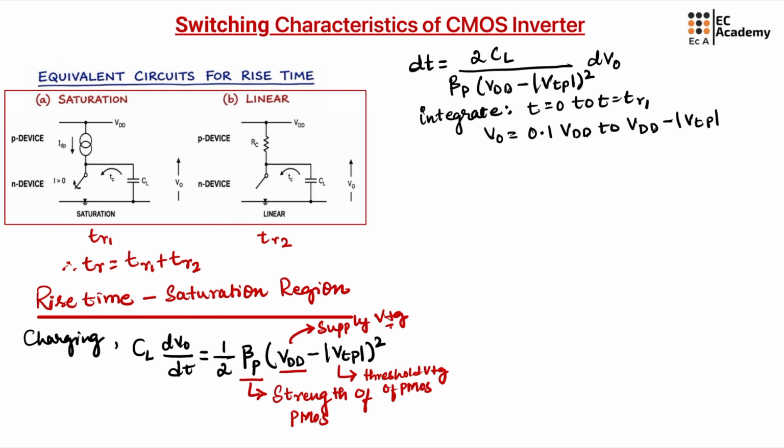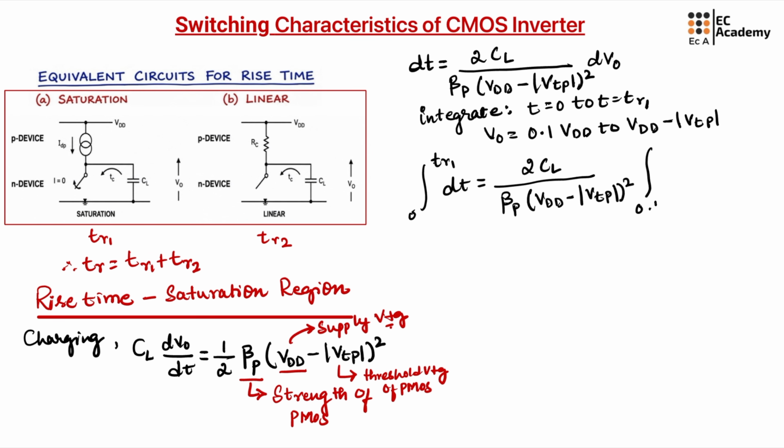So we can write the above equation as integration from 0 to TR1 dt will be equal to 2CL divided by beta P into (VDD minus absolute value of VTP) whole square outside the integration because it is the constant value. Integration from 0.1 VDD to VDD minus absolute value of VTP dV0.